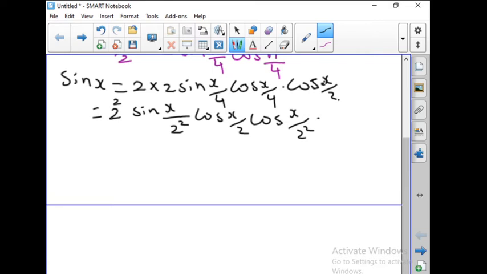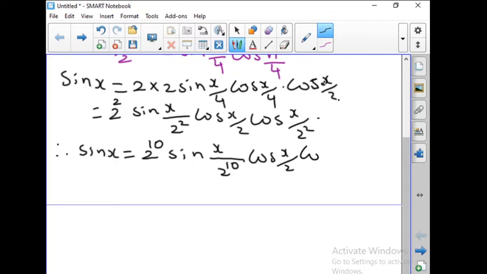Okay, so writing repeatedly like this, we get sin x is equal to 2 power 10 sin (x by 2 power 10) into cos (x by 2) into cos (x by 2 square), and so on up to cos (x by 2 power 10).